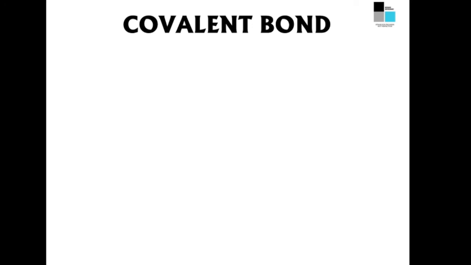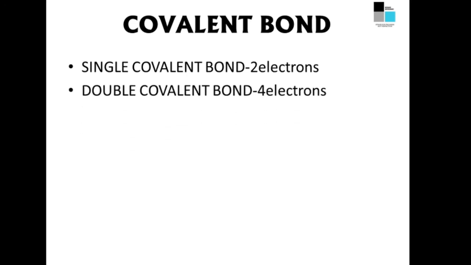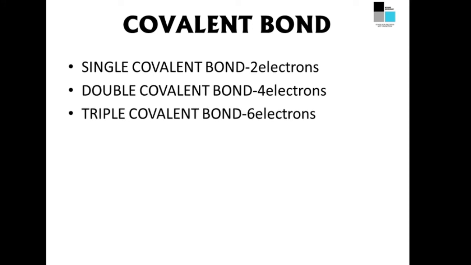Understand? We have already discussed that there are 3 types of covalent bond. The first is the single covalent bond, in which 2 electrons are shared in total; in a double covalent bond, 4 electrons are shared in total; and in a triple covalent bond, 6 electrons are shared in total. So this is all about the covalent bond.